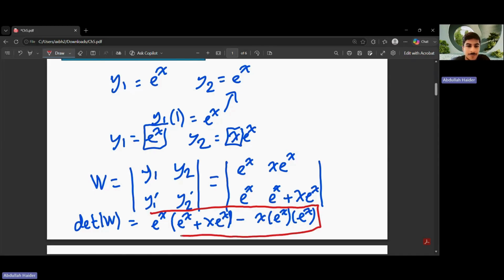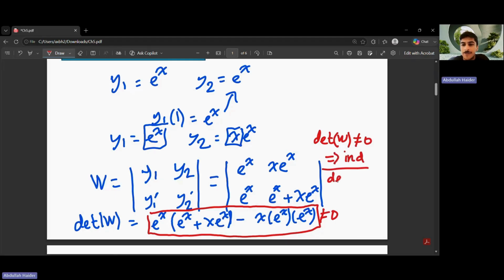When you subtract these, you will get a determinant which is not equal to 0. So when the determinant of the Wronskian is not equal to 0, this means independent solutions.